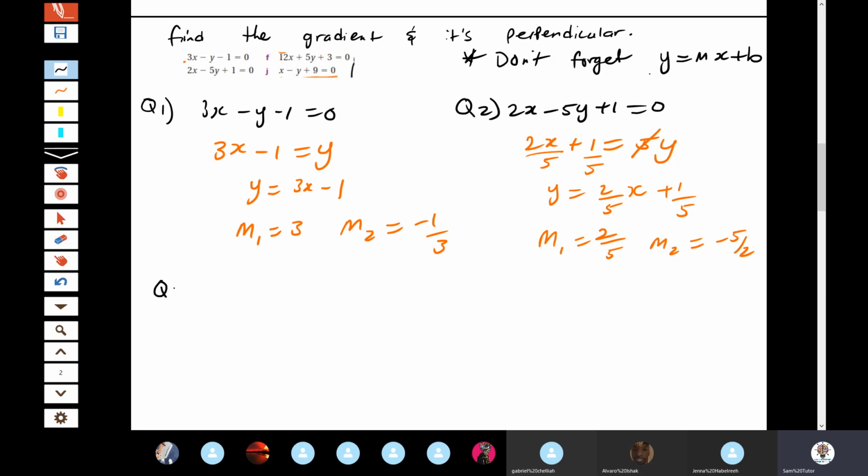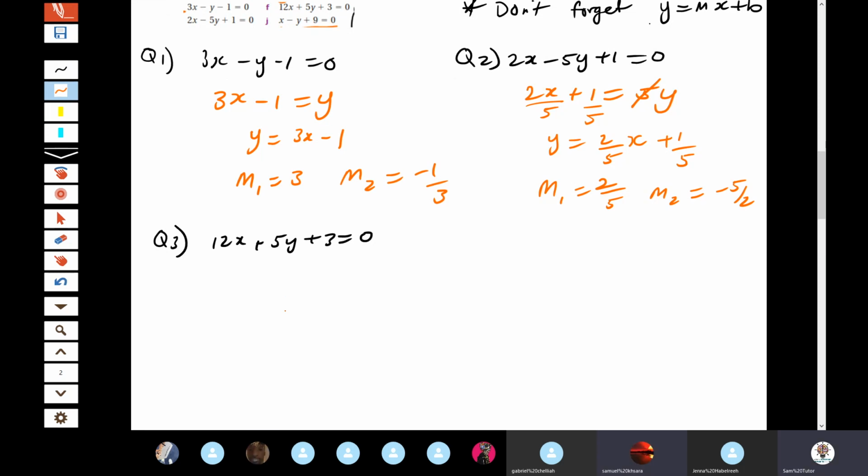Question 3. 12x plus 5y minus 3 equals 0. What do you do with this one? You make y the subject, so you bring 5y over. But why would you do that? Why wouldn't you move the 12x and the 3? Look, it doesn't matter.